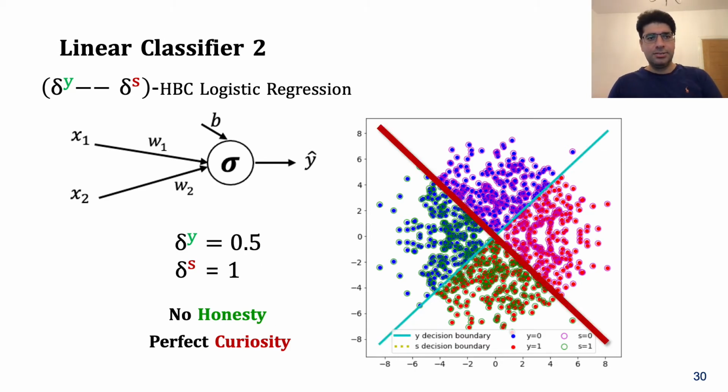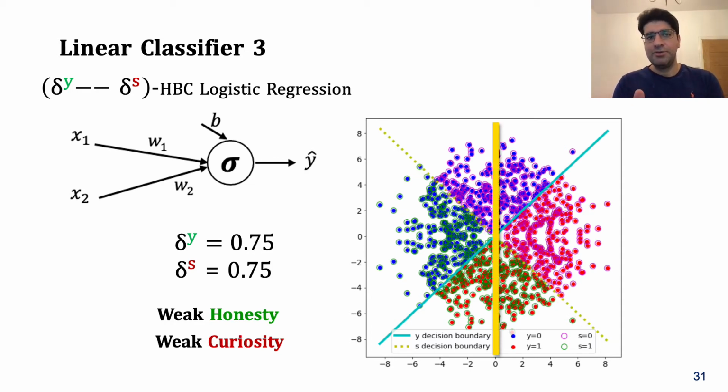On the other hand, this is a linear classifier that is perfect for label S, but nothing better than random guess for label Y. So perfect curiosity, but no honesty.